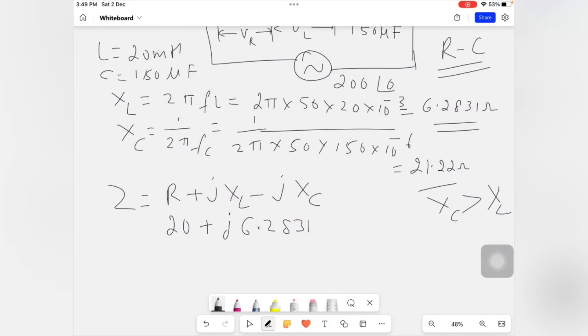So while drawing the phasor diagram or vector diagram, you should keep this in mind. These values are very important, you can compare them. Now XC is greater than XL, so the power factor is leading, the current is leading the voltage. Keep this in mind. Now I am doing the simplification: J into XL, 6.2831, minus XC, 21.22.